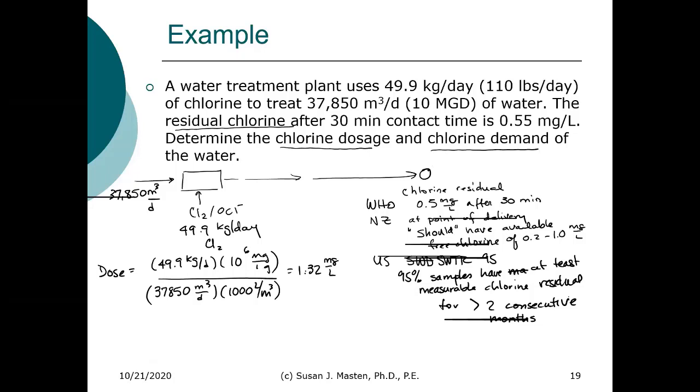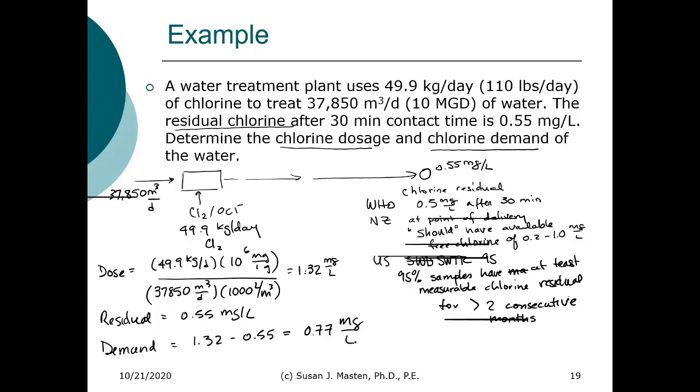At this point here, which corresponds to 30 minutes of contact in the distribution system or in a storage tank, it's 0.5 milligrams per liter. So that's what we measure here. So that's the residual. And then the chlorine demand is just the difference between those two. So it's 0.77 milligrams per liter. So that illustrates what we're talking about when we talk about dose, residual, and then the demand.